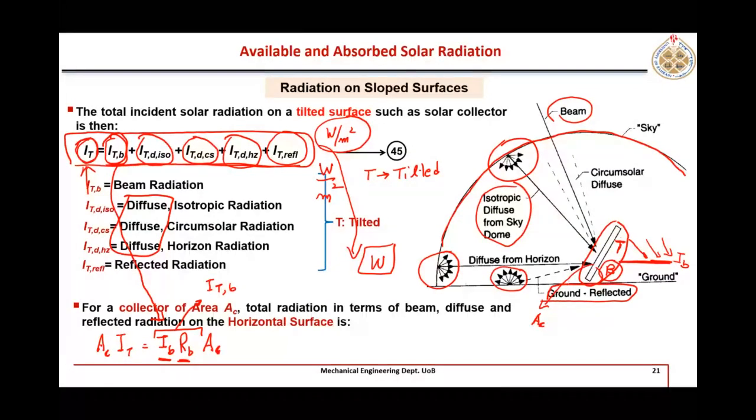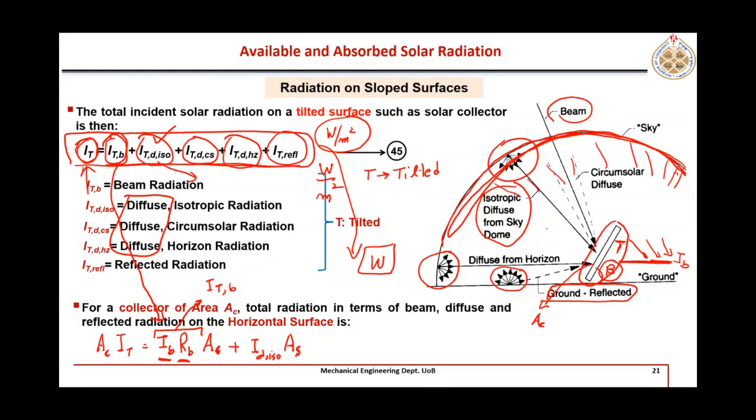Now this radiation is coming from the entire sky. This is I diffuse isotropic, coming from the entire sky area. But of all that is coming from the entire sky, only a portion is falling here, because part of the sky radiation is not falling on that collector.